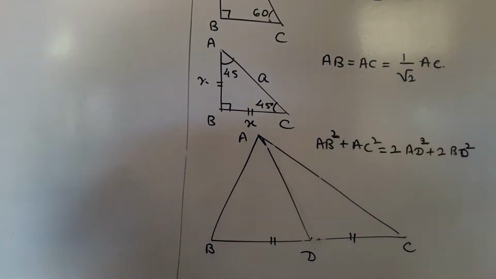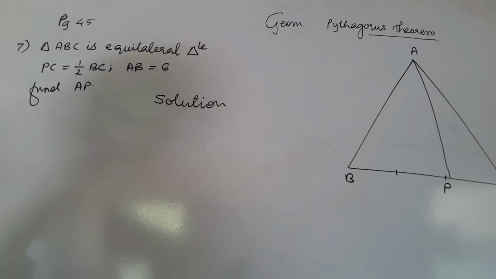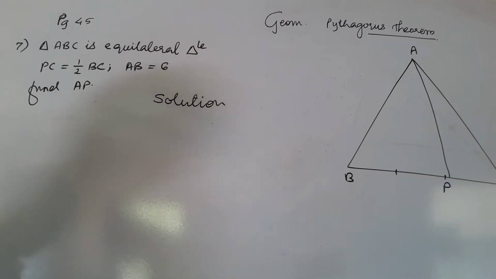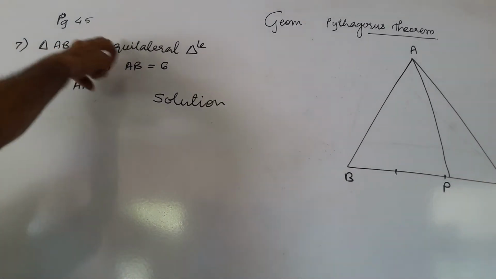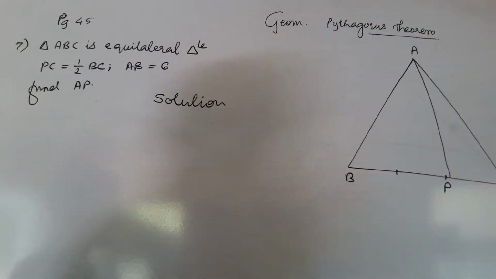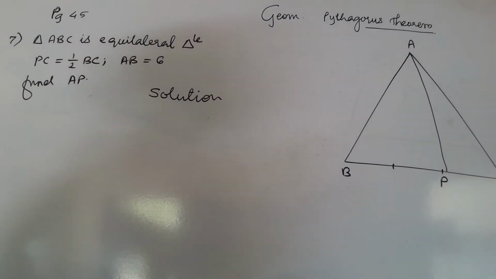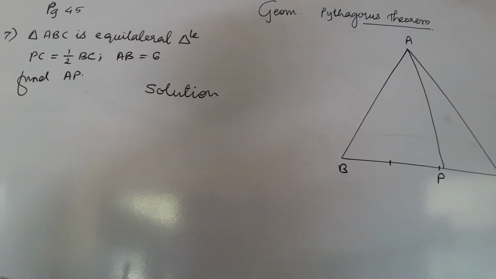Now let us solve the 7th sum on page 45. The 7th sum is: triangle ABC is an equilateral triangle and point P on the base BC is such that PC is 1/3 of BC. If AB is 6 cm, find AP. Let us draw the diagram.